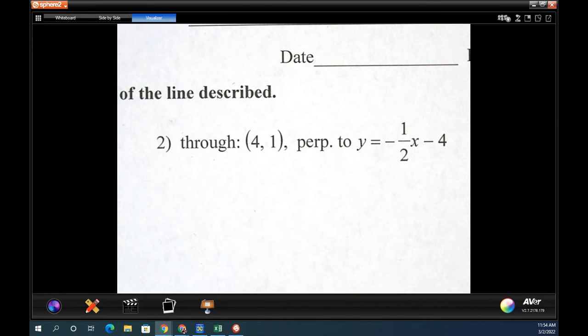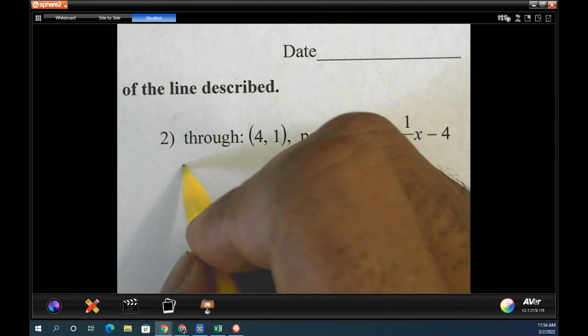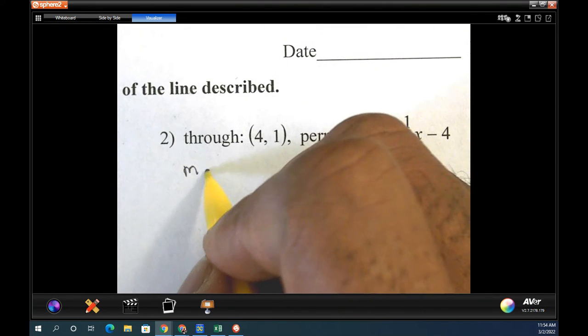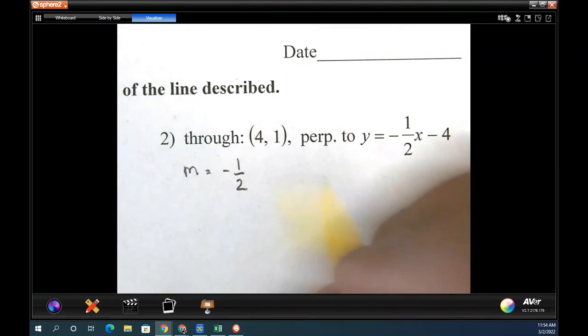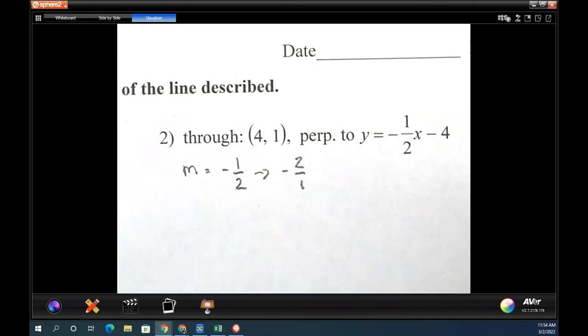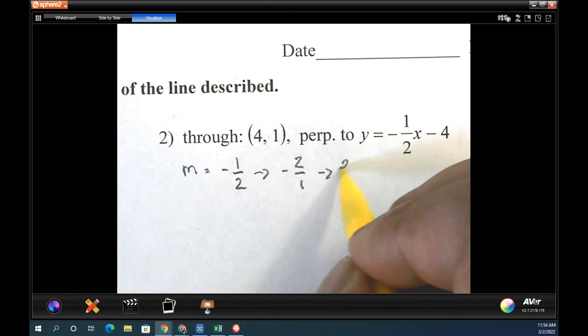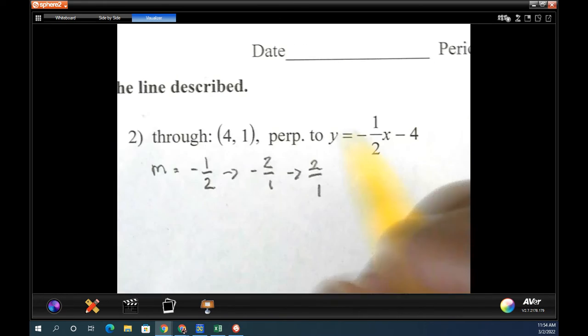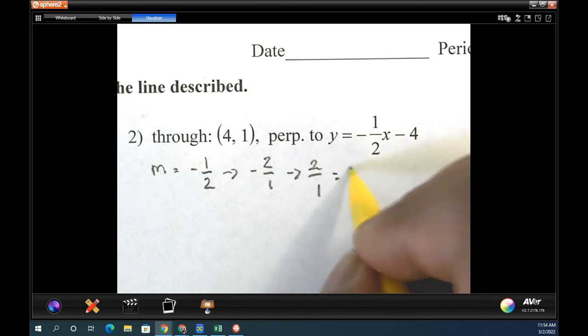You do what? Flip it and what? Opposite. So our slope starts off as negative 1/2. So we flip it, negative 2 over 1. The opposite would just be 2 over 1. 2 over 1 is just 2.